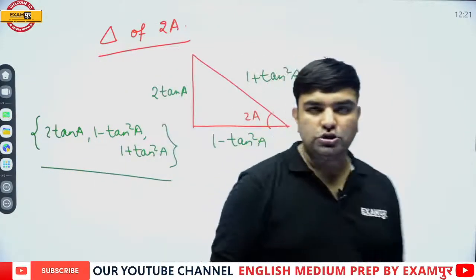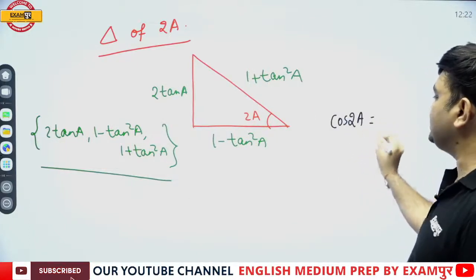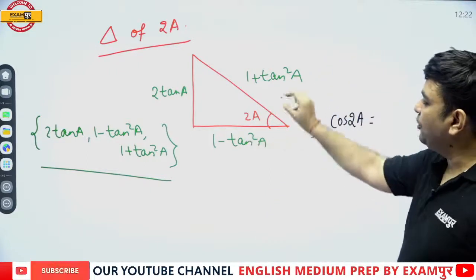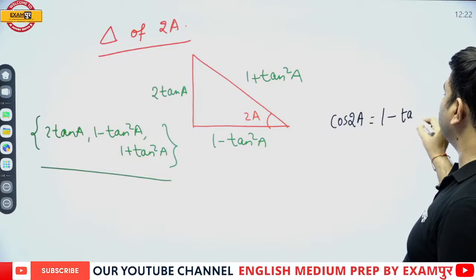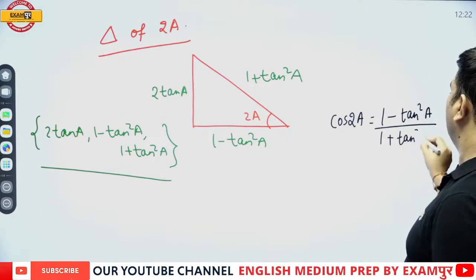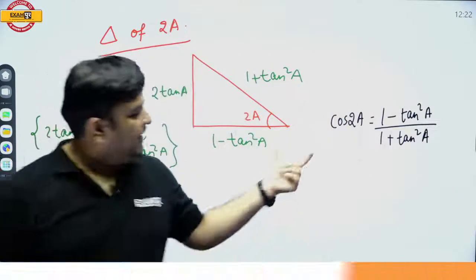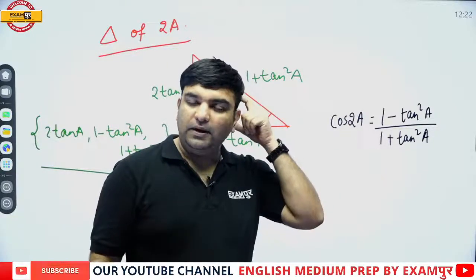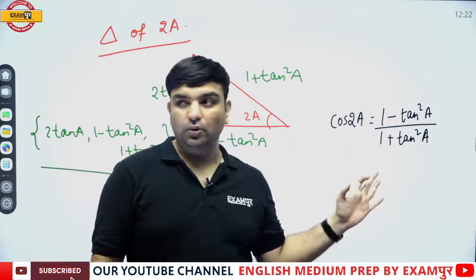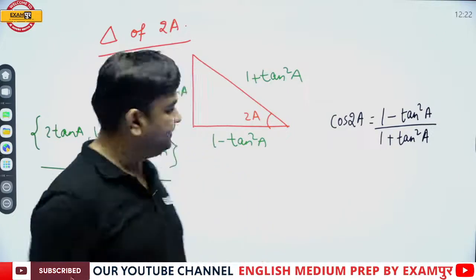One more formula for cos 2A is coming, which is based upon the hypotenuse: 1 minus tan square A upon 1 plus tan square A. Very few people know this, but you should be the one who knows it. Cos 2A is also 1 minus tan square A upon 1 plus tan square A.